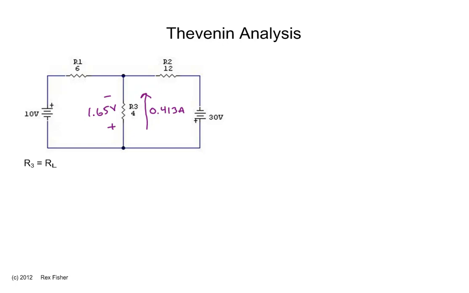And if we map that voltage and current back onto our original circuit, we will have the current flowing up through R3 and dropping 1.65 volts across it.